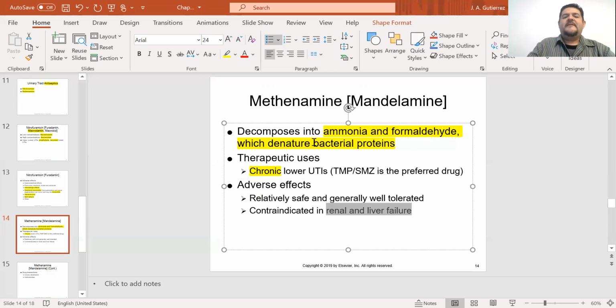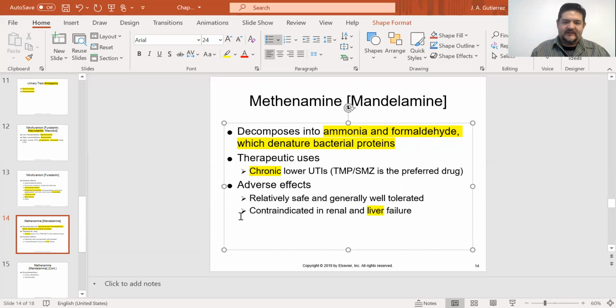Why? Because again, this medication, when it goes into the body, is going to break down into ammonia and formaldehyde. Who's in charge of preventing damage to the body from that type of substances? That will be the liver. So if we have a patient with liver failure, this patient is going to be unable to control the levels of ammonia and formaldehyde in the body.